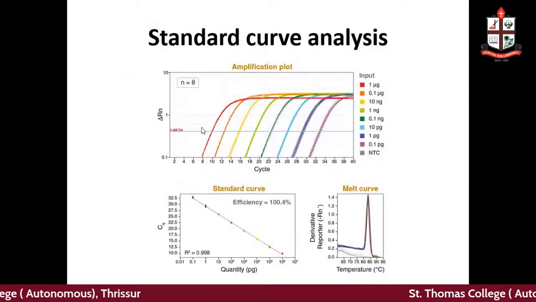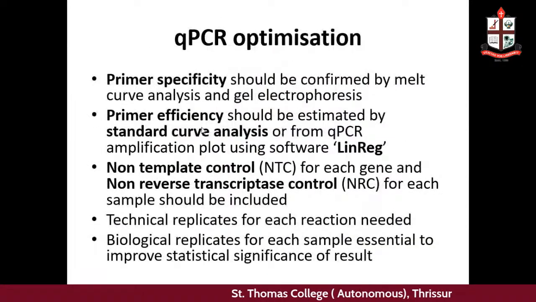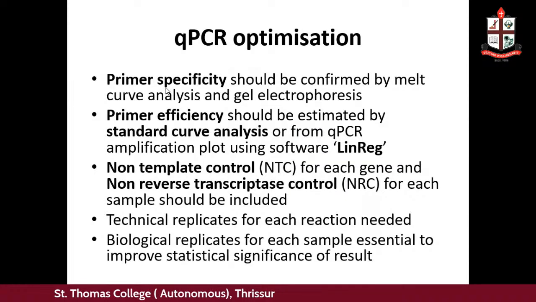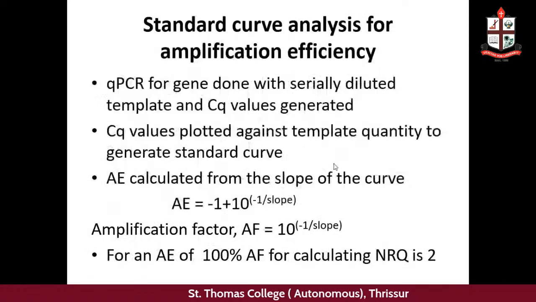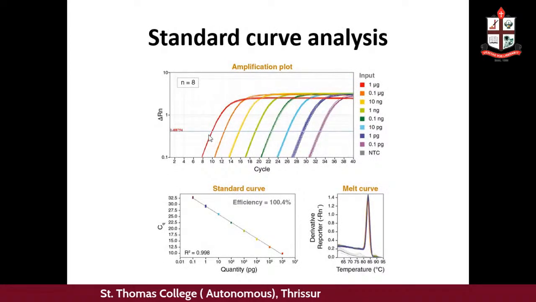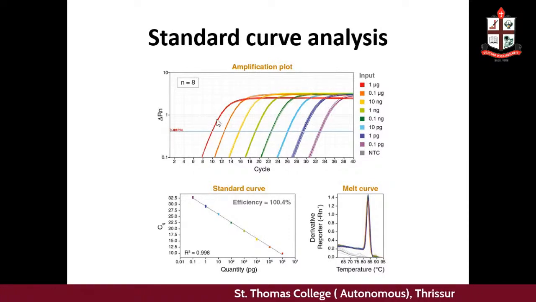And also, there are simple softwares which tell you the efficiency of PCR from the amplification curve itself, like the LinRegPCR software. This is a freely available software, and using this software, from the amplification plot itself, from the data points you can identify whether the increase is happening in an exponential manner.